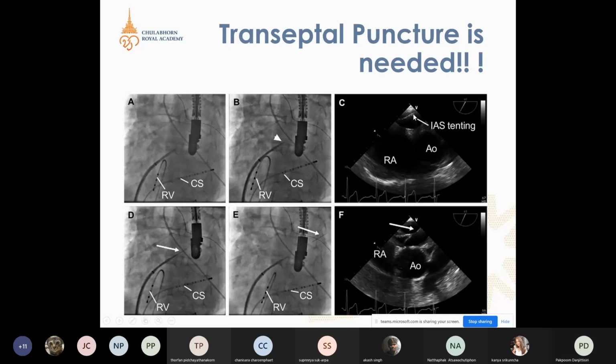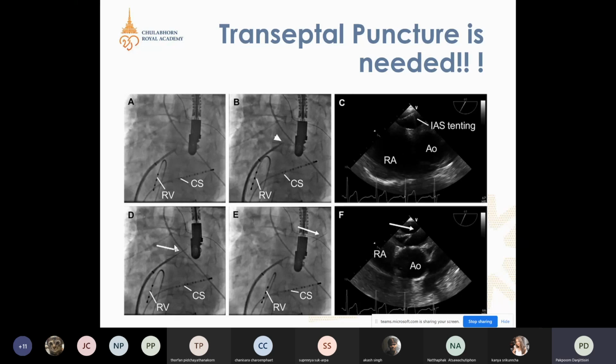And after the Brockenbrough needle passes through into the left atrium, the doctor will confirm again with contrast injected into the left atrium. If the contrast spreads out entirely within the LA, that means the catheter is in the LA, the left atrium.